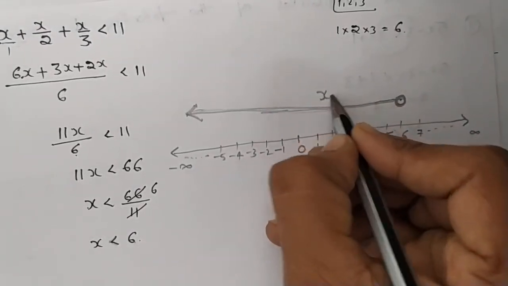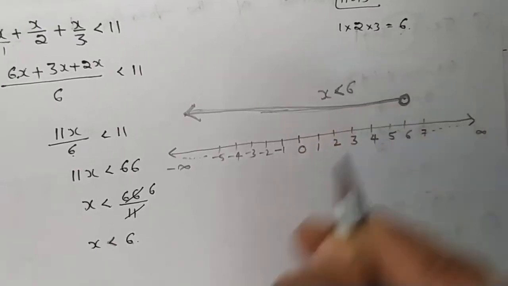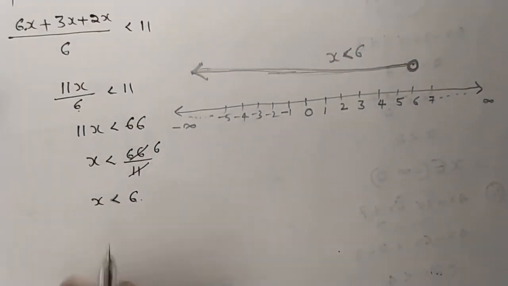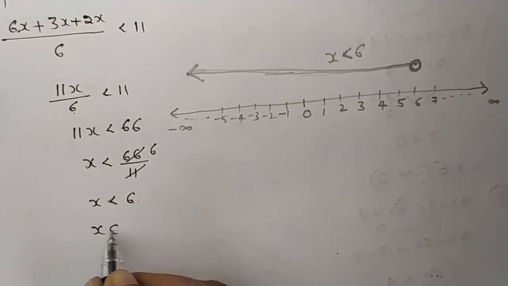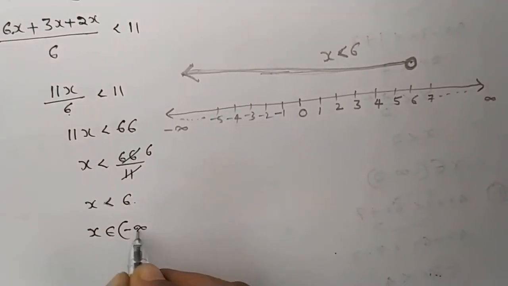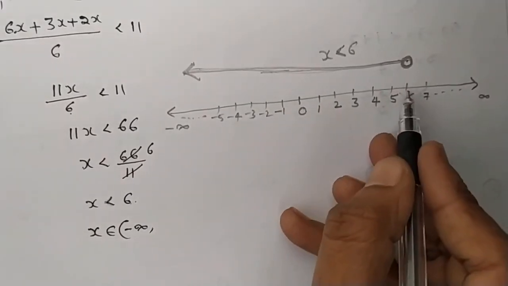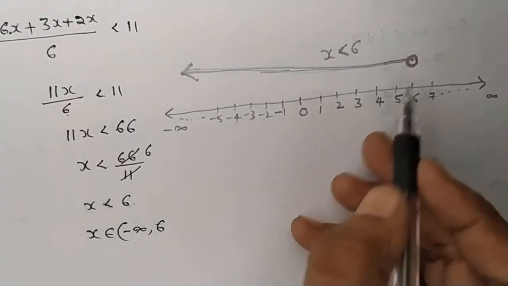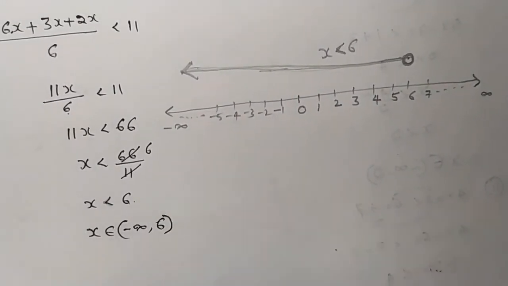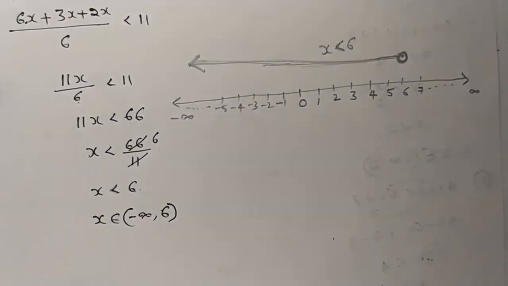X less than 6. Now let us write the solution set. X belongs to minus infinity to 6. Is it included or excluded? Excluded.